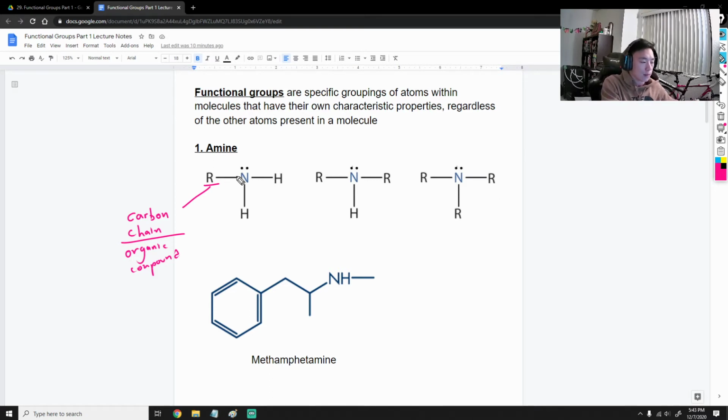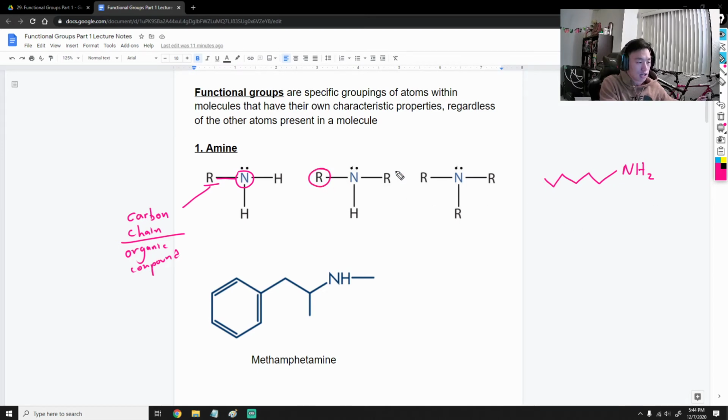So basically, let's go over what an amine is. An amine is a nitrogen, right, connected to R. So that means an amine can be a carbon chain with a nitrogen at the end of it, which can be connected to two hydrogens, right?